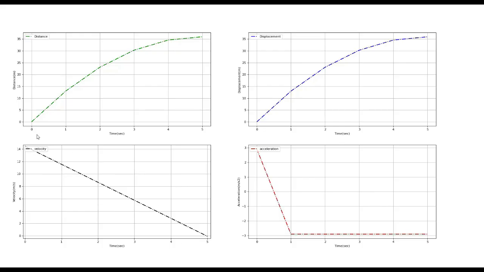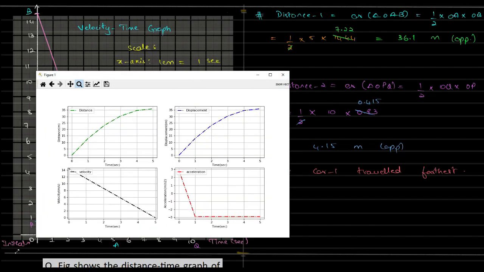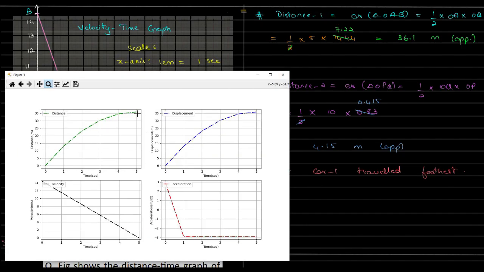And to find the distance, you just scroll over. So here you have your answer. Okay, you can check out the coordinates over here. You just go to that point, exact point. So around 5 seconds and 36.